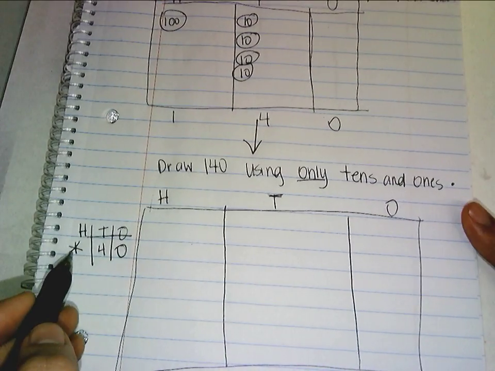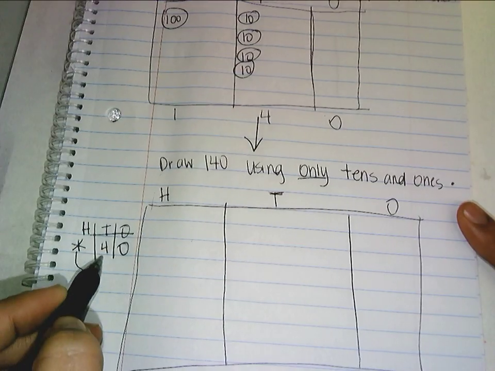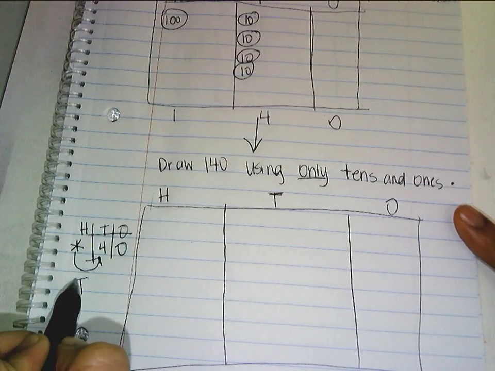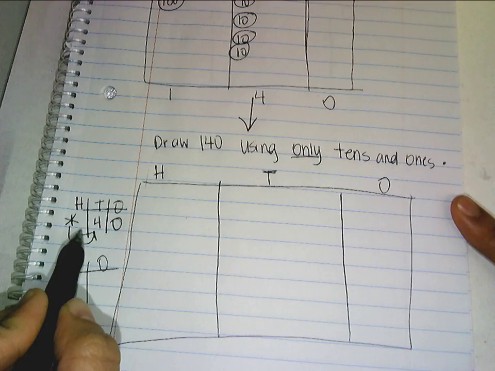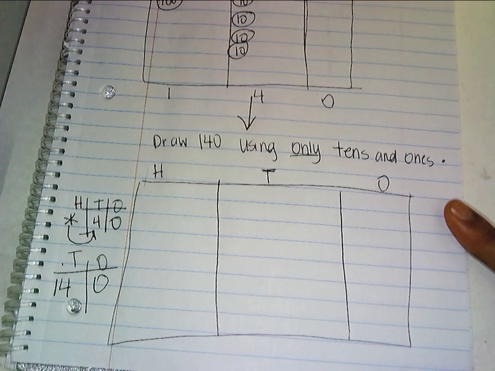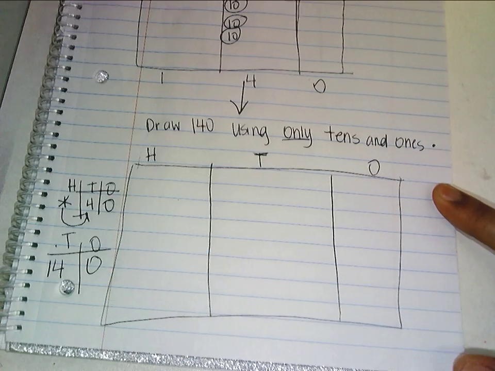So what I'm going to do is I'm going to go backwards and put it back in my tens place so that I have just tens and ones. So that means I have 14 tens and 0 ones. Because remember, 14 tens equals 140.